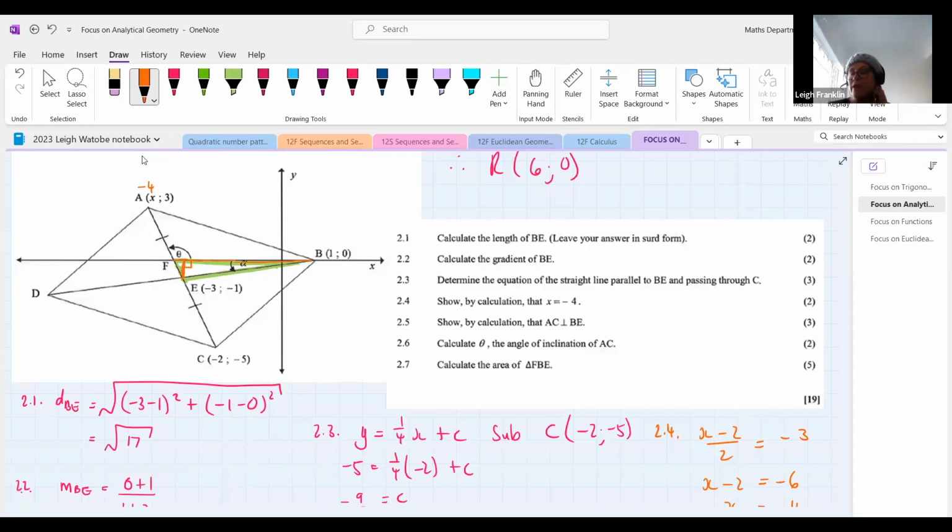Do we know the length of that line? Almost, Lumelo. That's the x-coordinate. The distance that point E is from the x-axis is not 3 units. It's 1 unit.